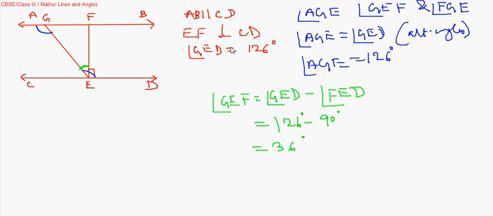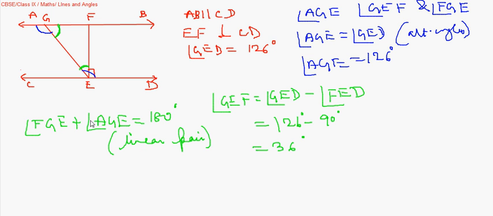Last one is FGE, this. Now angle FGE plus angle AGE equals 180 degrees because they make a linear pair.